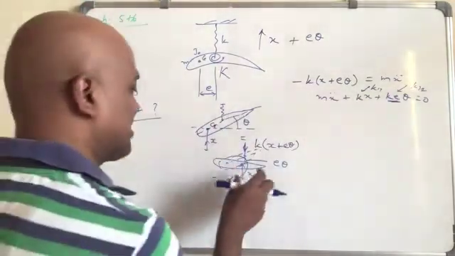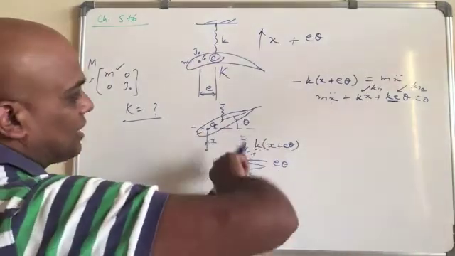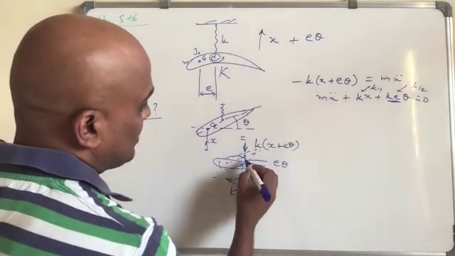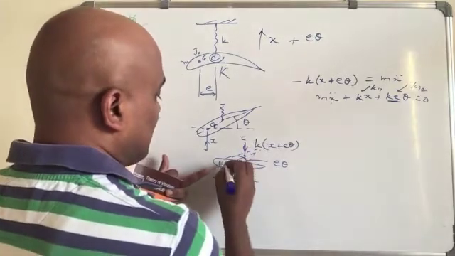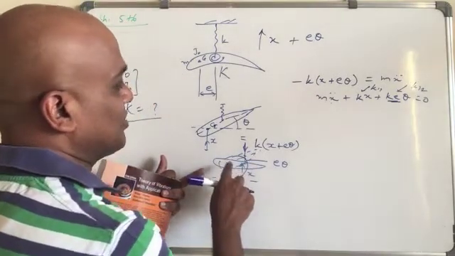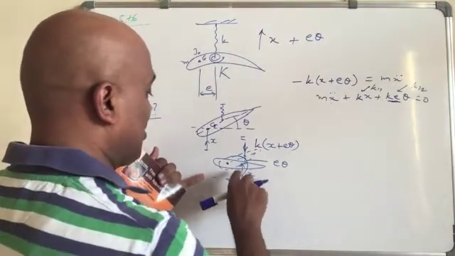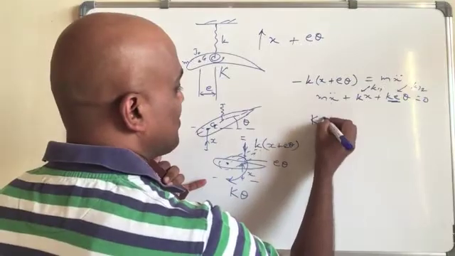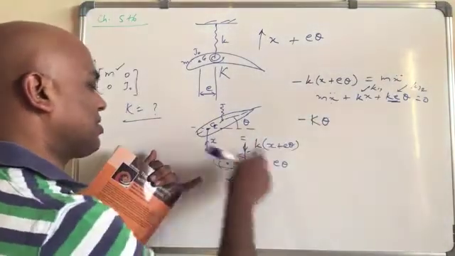Okay, the next equation is the moment, and the total moment has to be equal to 0. Which things are acting here? One is the clockwise big K theta, which is minus because clockwise.